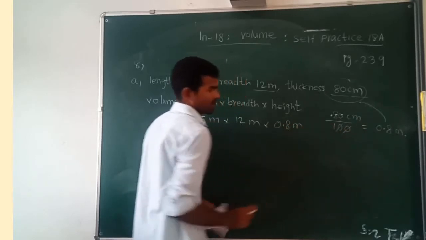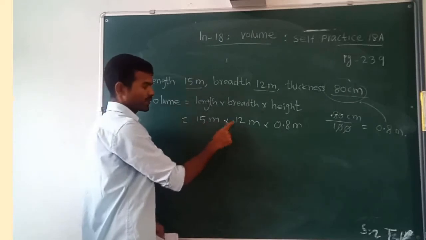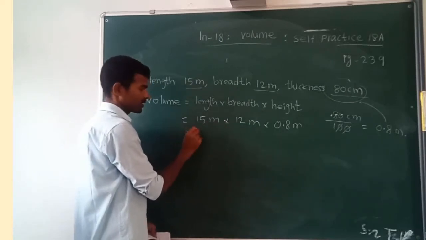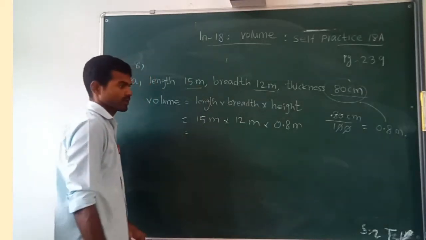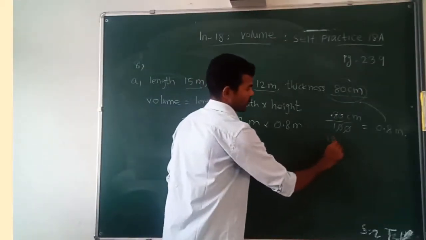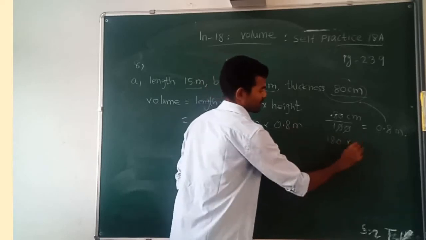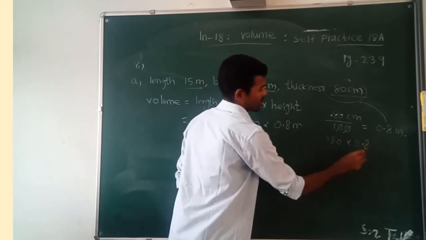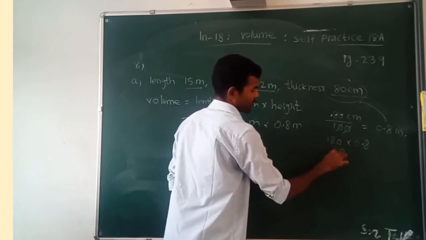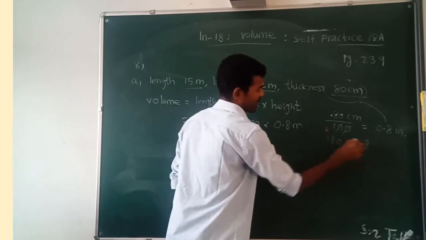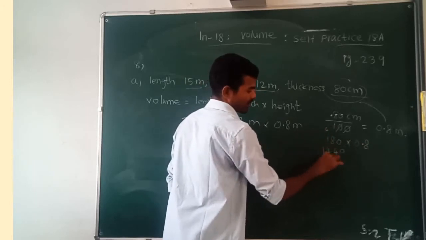Now 15 multiply 12 is 180. 180 multiplied by 0.8. 8 multiplied by 0, 0. 8 multiplied by 8, 64 and 6 carries. 8 multiplied by 1, 8, plus 6, 14.